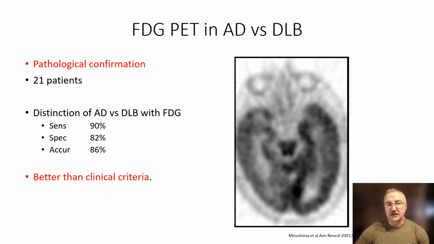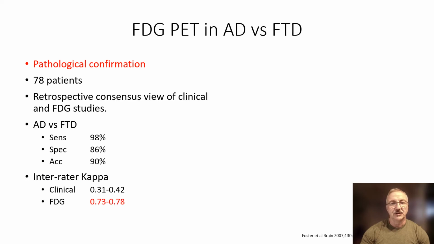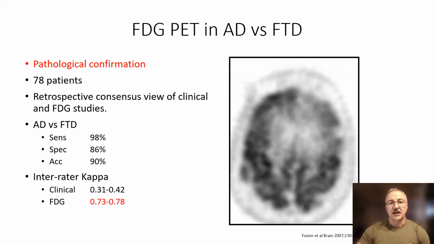It's better than the clinical criteria with an accuracy rate in the mid-80s, so very good. If we look at the distinction of Alzheimer's disease from frontotemporal dementia, again we see accuracy nearly 90, very good.